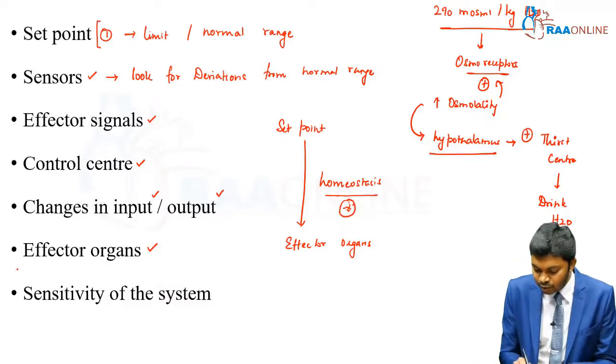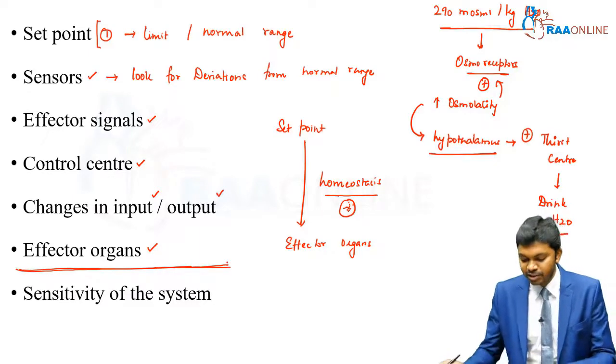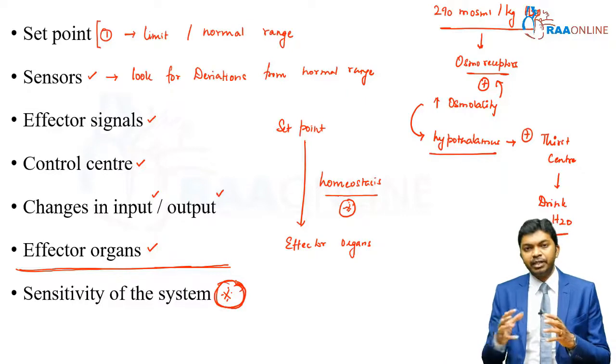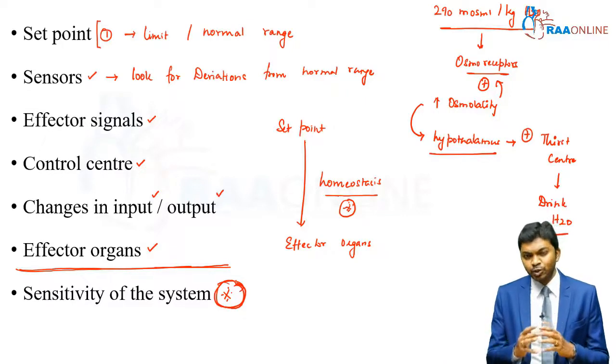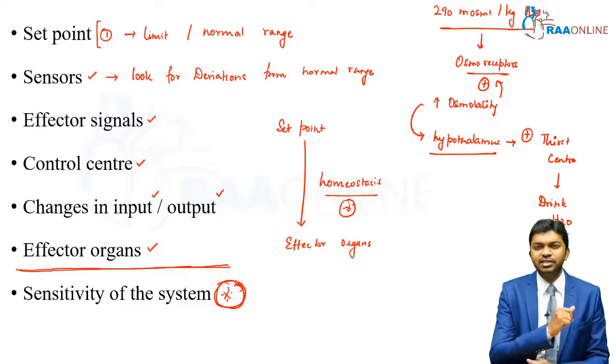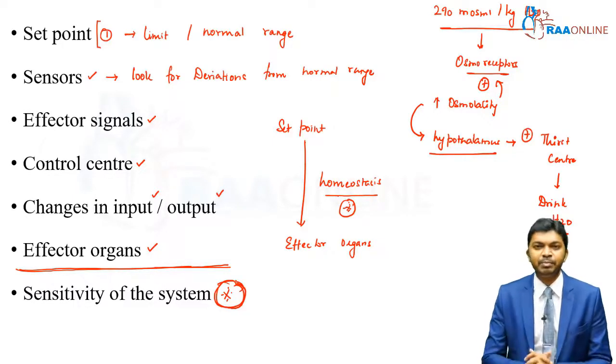Now once everything is over, you need to be familiar with another terminology in this process called sensitivity of the system. The mechanism involved in bringing the parameters within a normal range has its own sensitivity. Certain parameters are very sensitive to changes, certain parameters are not very sensitive to changes, people.